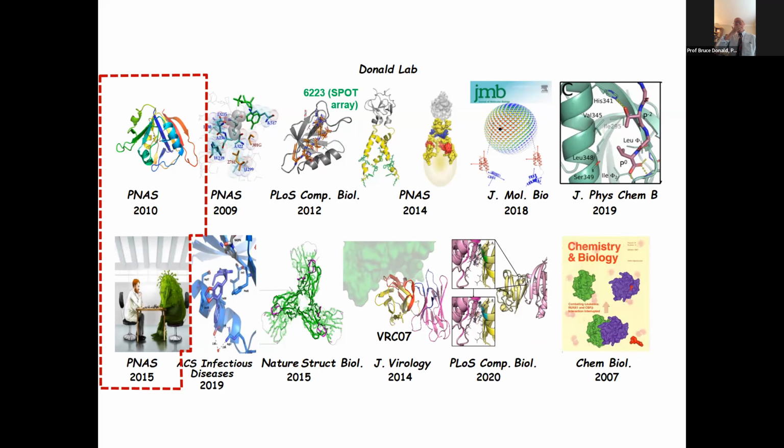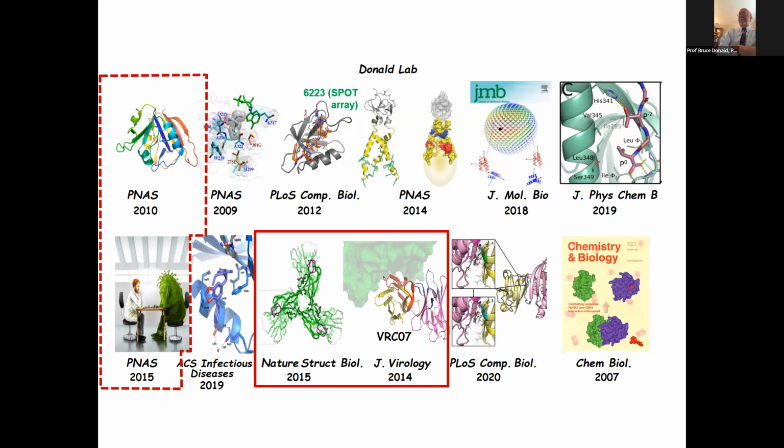Can we predict resistance to therapeutics or to antibodies before deployment? And the second, of course, is can we design antibodies and can we design vaccines that are better? I want to not tell you about all of our papers and results, but instead tell you about just a couple of these as a little personal odyssey, if you will.